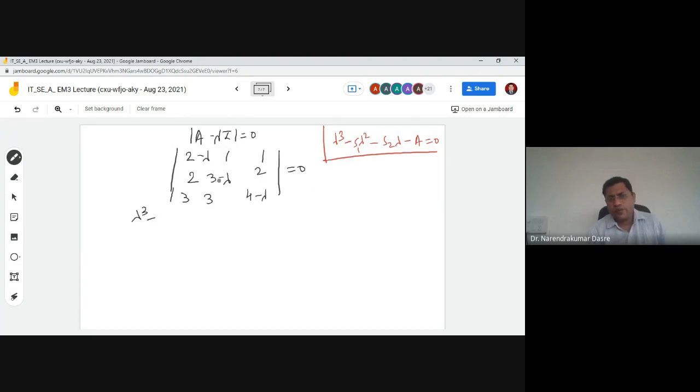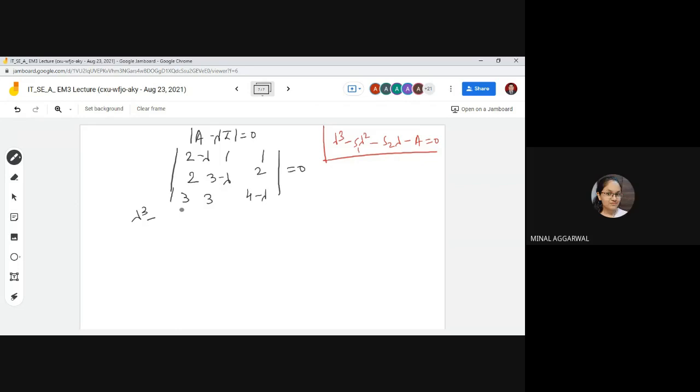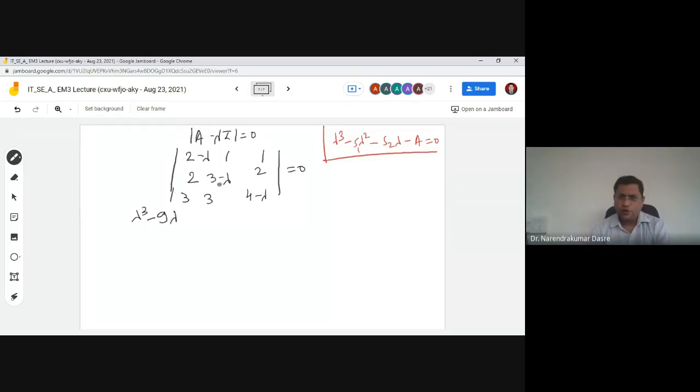Lambda cube minus, what is the sum of the diagonal elements? 9. It is 2 plus 3 plus 4, so this sum is going to be 9. So minus 9 lambda square.